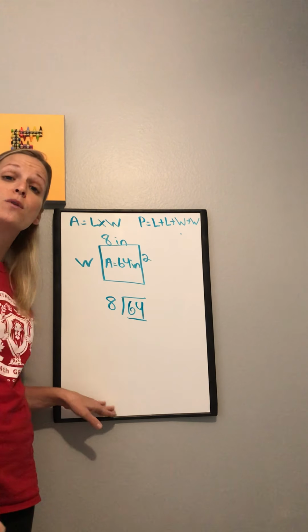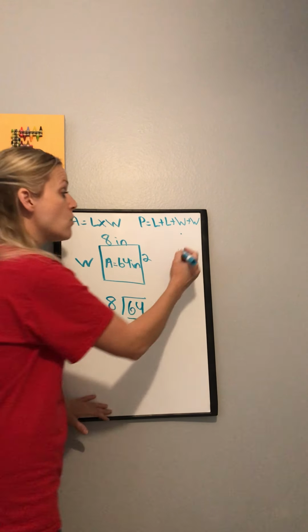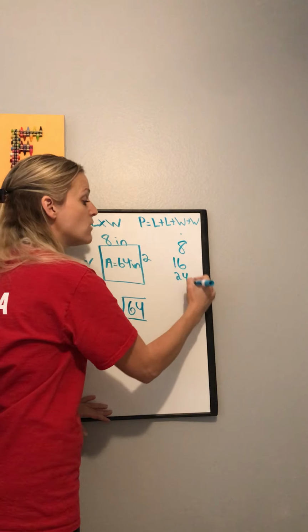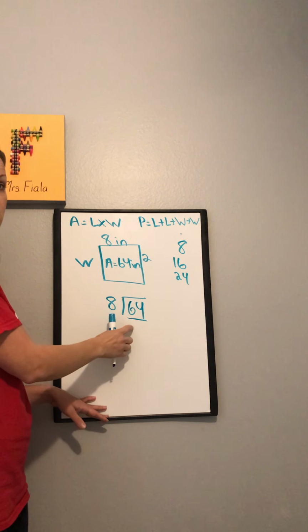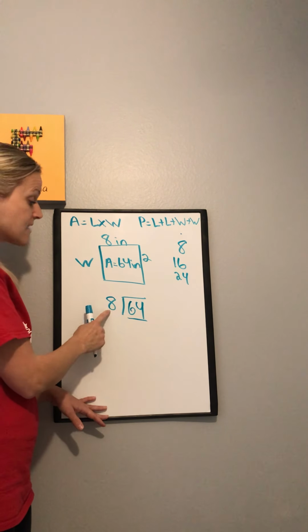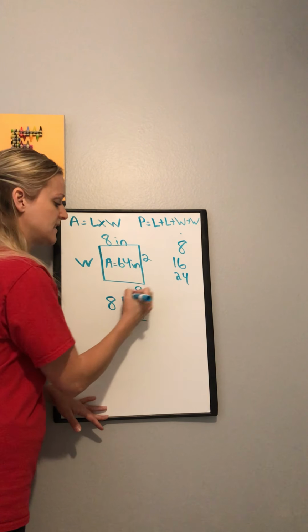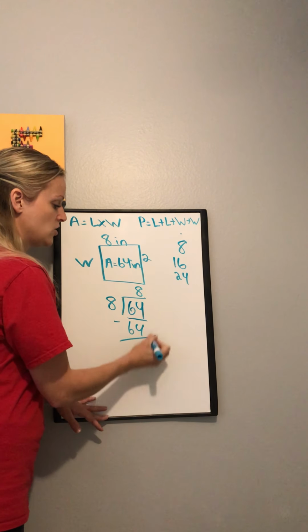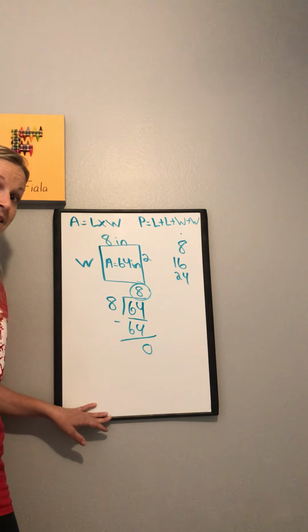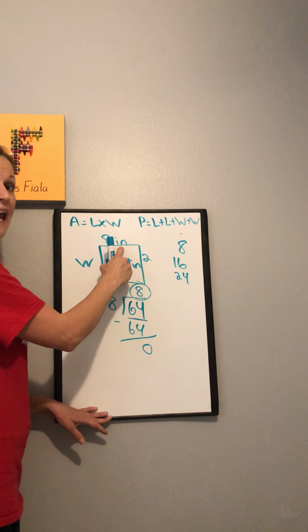How many times does 8 go into 64? And if you don't know, you can always skip count until you get to 64, okay? So 8 goes into 64, 8 times. So my missing side length is 8 what? 8 inches.